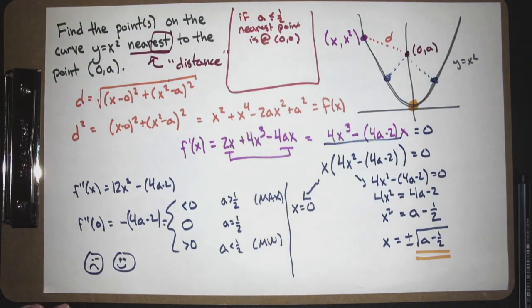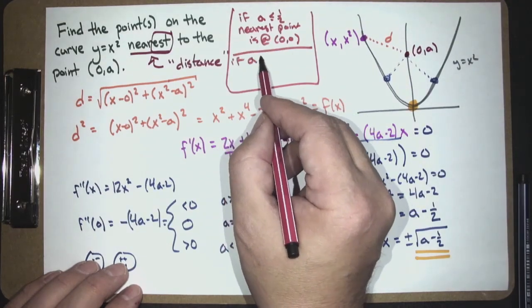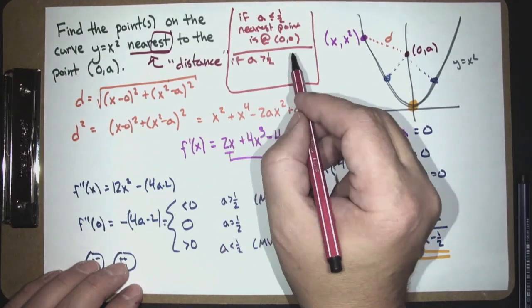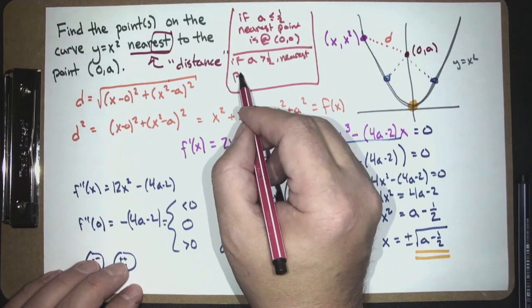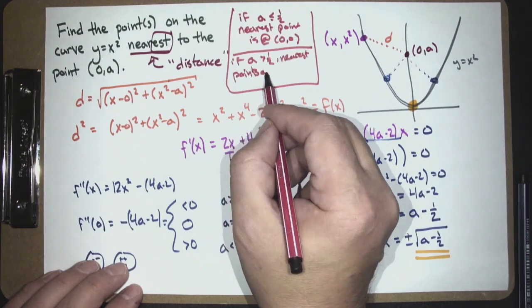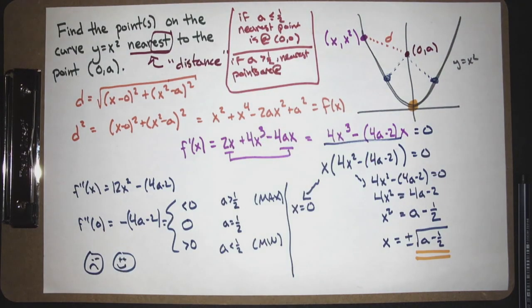What happens if a is greater than a half? So if a is greater than a half, it's not the origin, so where is it? It's the other points that we found.